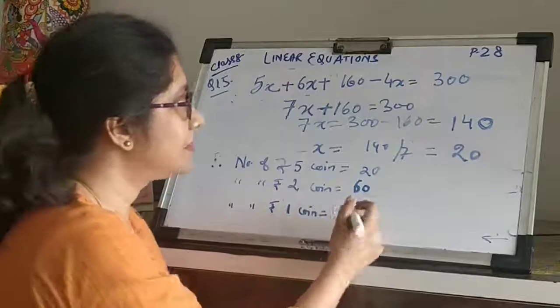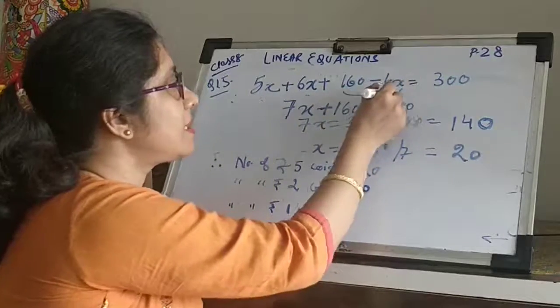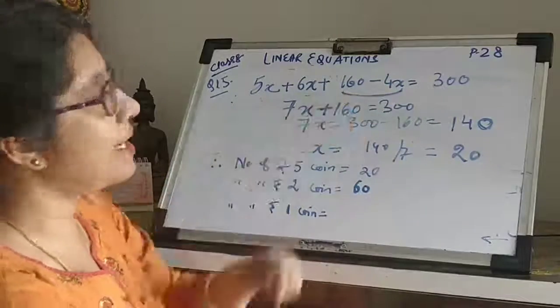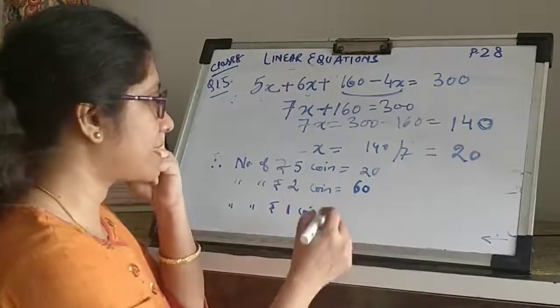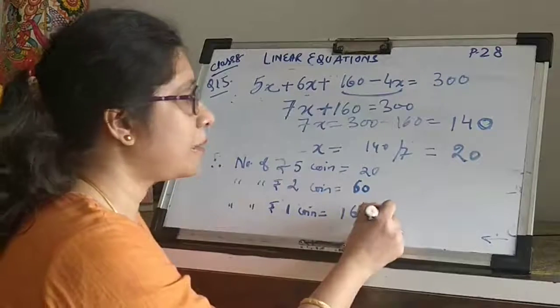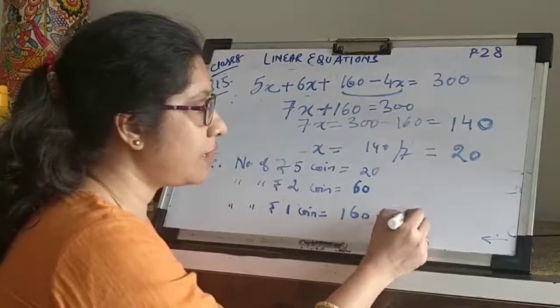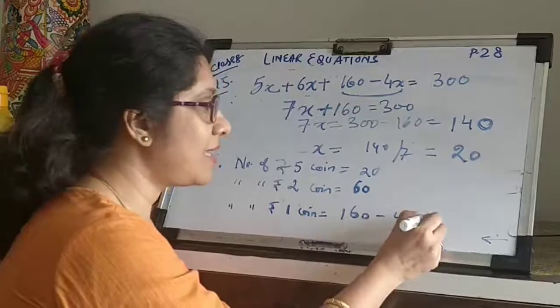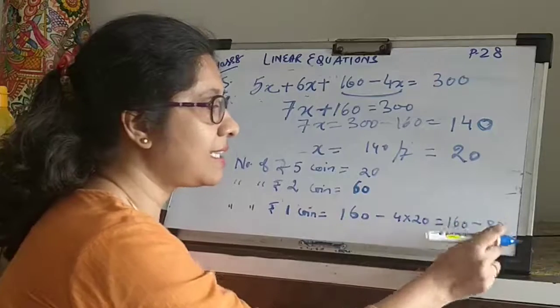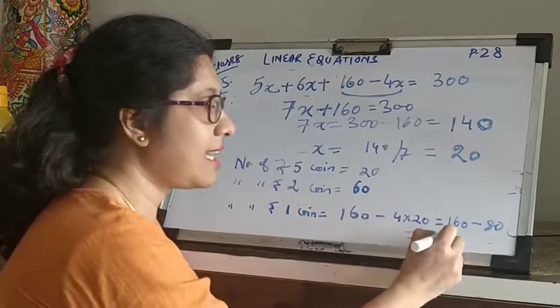And finally, the number of 1 rupee coins. Remember, 160 minus 4x. What do we have? 160 minus 4x. 160 minus 4 into x is 20, which is 160 minus 80, which is 80.